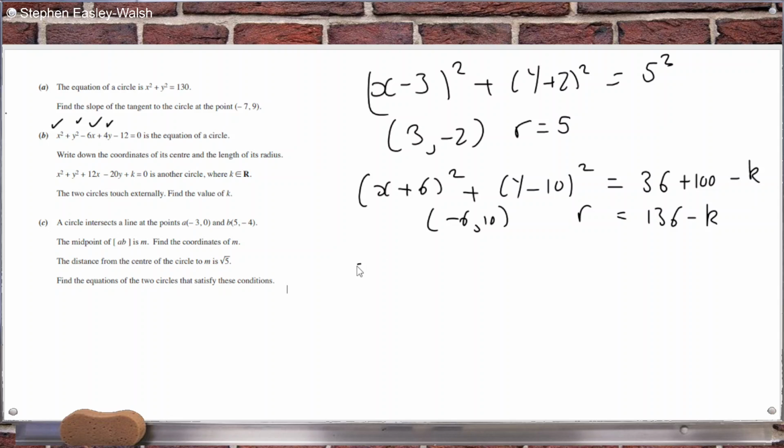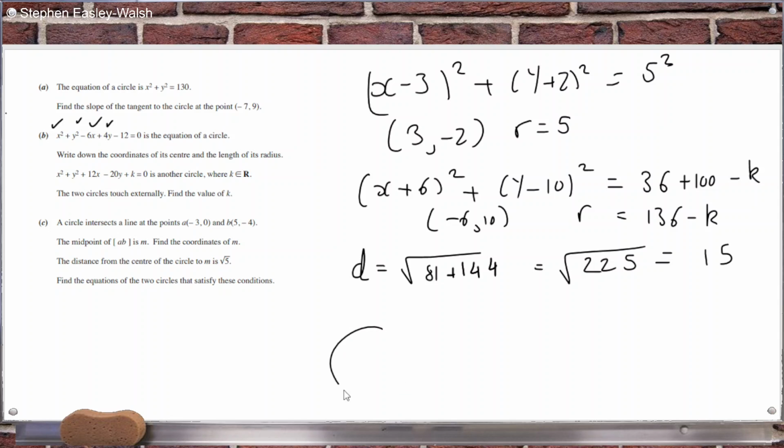Well, the distance between the centers is the square root of 9 squared plus 12 squared. So what's that now? That's 225. Square root of 225 is 15.